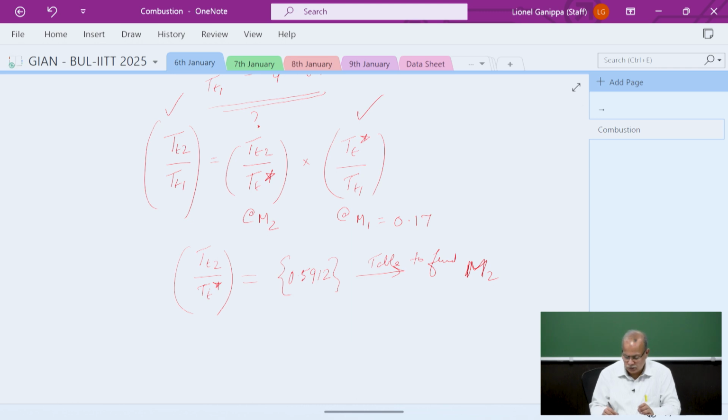So take this value 0.5912 and find the value for M2. So the value for M2 is in between, so let's say 0.44.